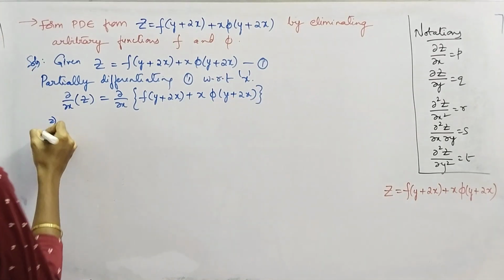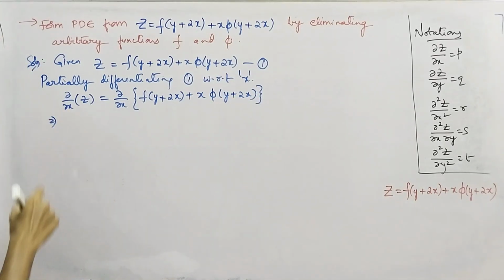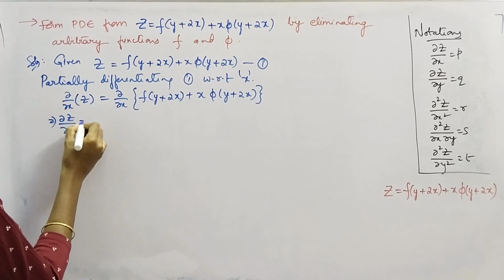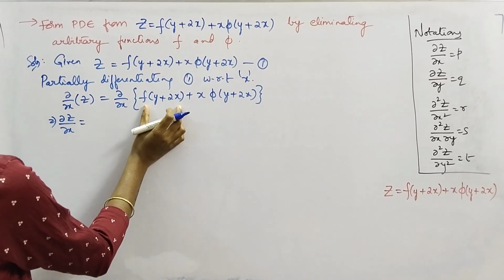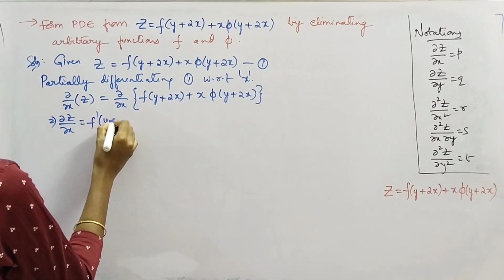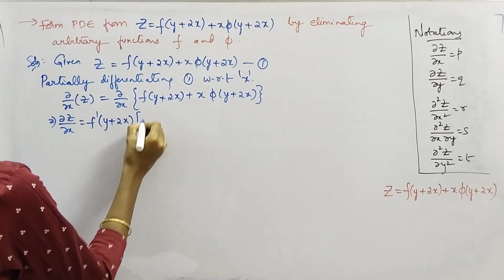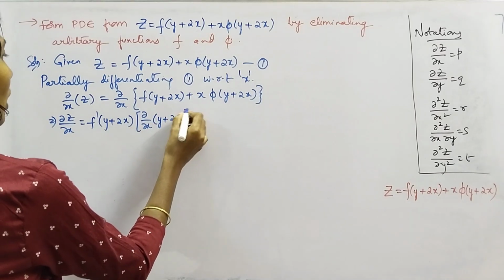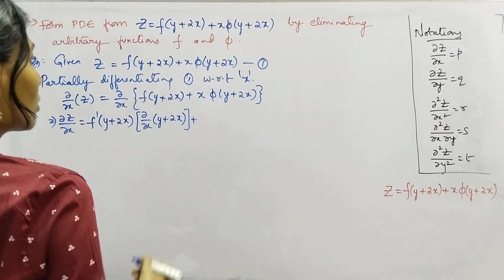Here we are partially differentiating with respect to x, so we'll treat y as constant. This gives us dou z by dou x equal to the partial derivative of f of y plus 2x, which is f dash of y plus 2x into the inner derivative dou by dou x of y plus 2x, plus here you have x and phi.